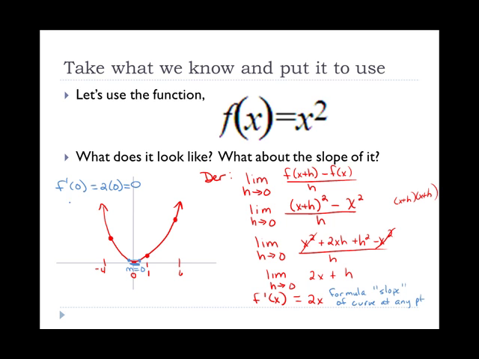Okay. How about at -4? So I want to know the slope of the line at -4. Remember that the derivative we just found was 2x. So we plug in 2 times -4, and my slope is -8. So the slope of that tangent line is -8.